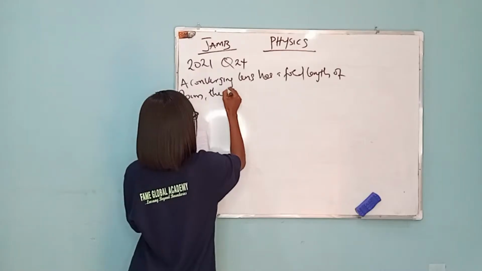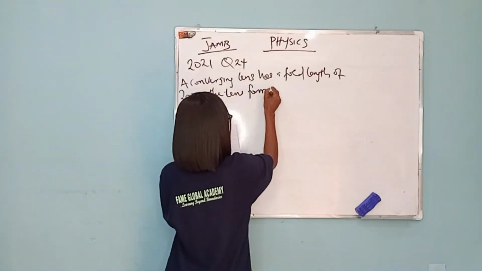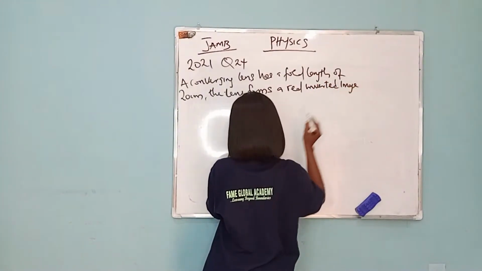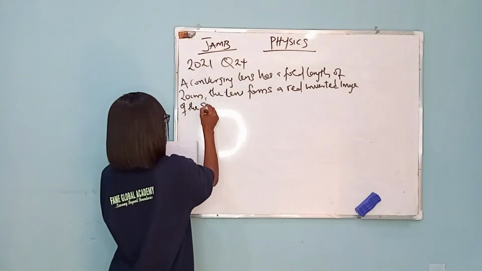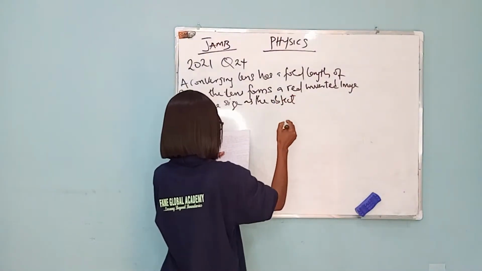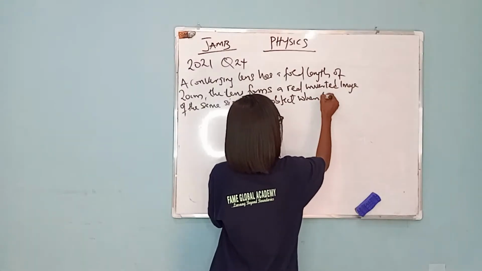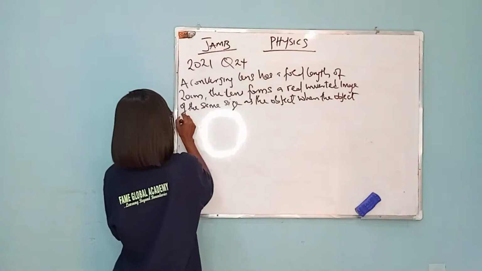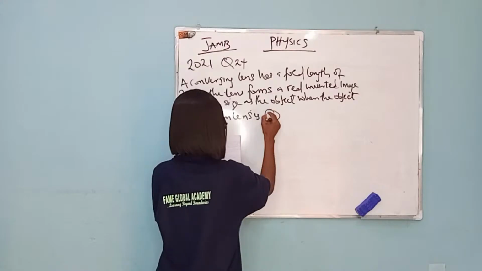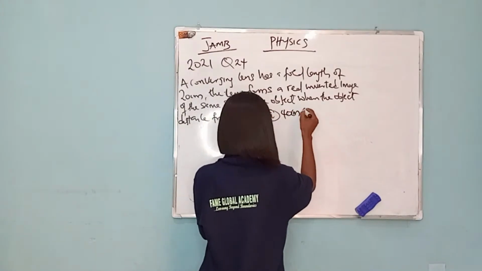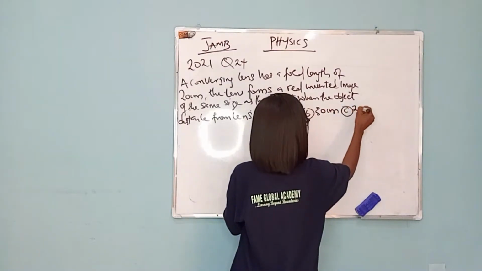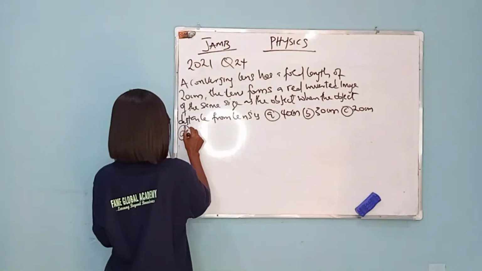The lens forms a real inverted image of the same size as the object when the object distance is: option A, 40 centimeters; option B, 30 centimeters; option C, 20 centimeters; and option D, 10 centimeters.